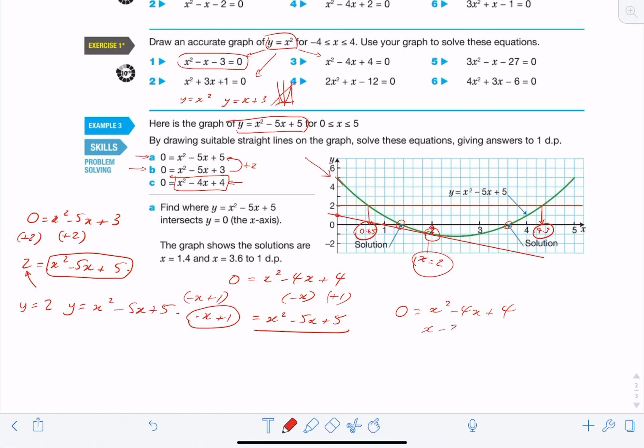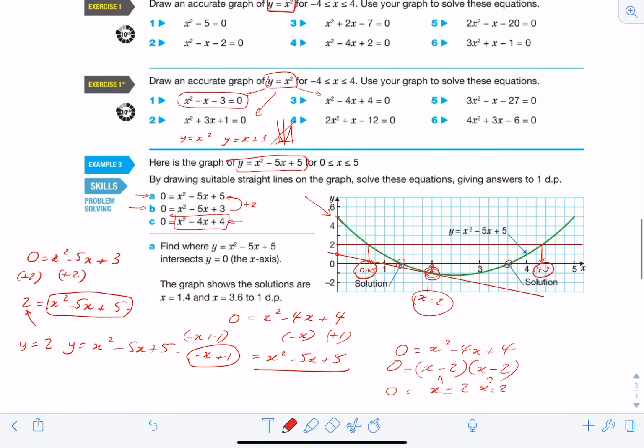It's x minus 2 times x minus 2, equals 0. So x must equal 2 for that bit there, and x equals 2 for that bit there. There's only one solution, which is where those two lines meet. Right. I hope that's a little bit clear.